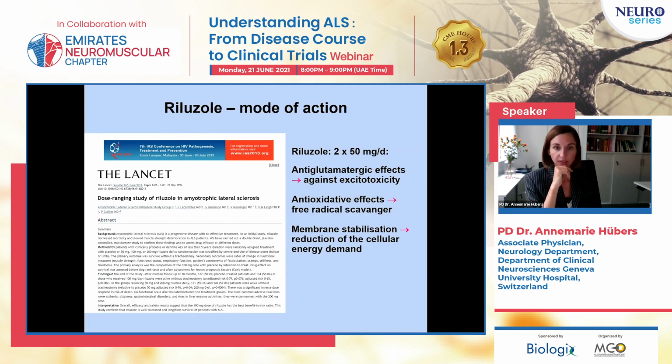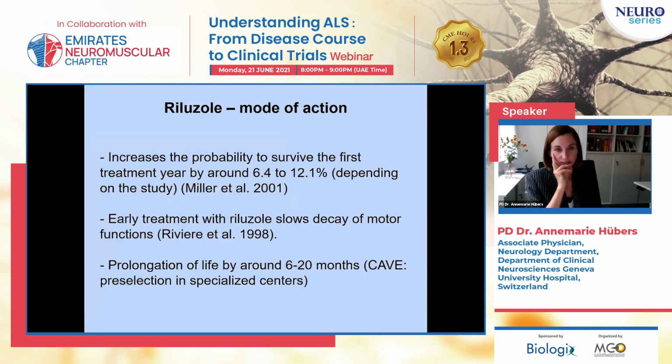And finally, it can also have some membrane stabilization effects and thus reduce cellular energy demand. It increases the probability to survive the first treatment year by 6 to 12%. There's a wide range because this really depends on the study.